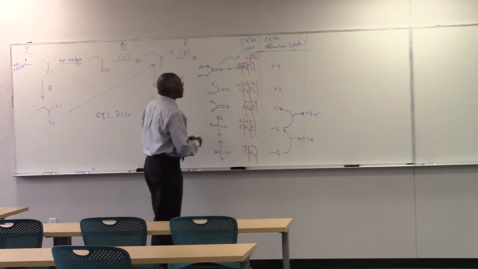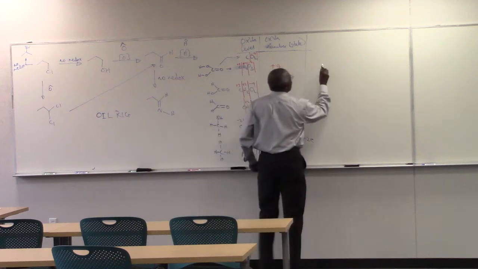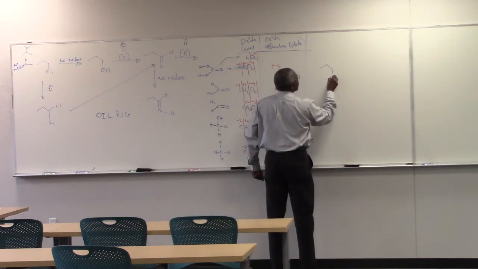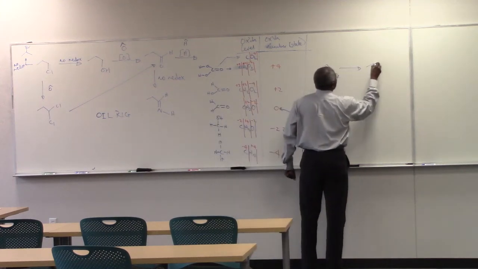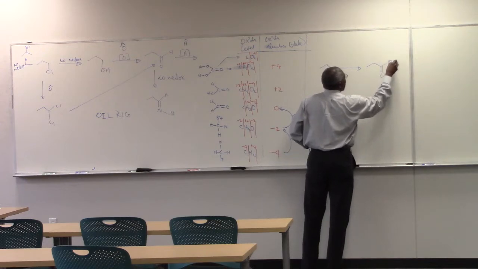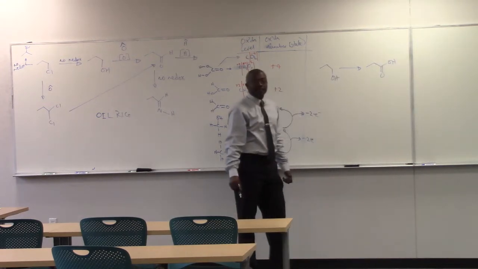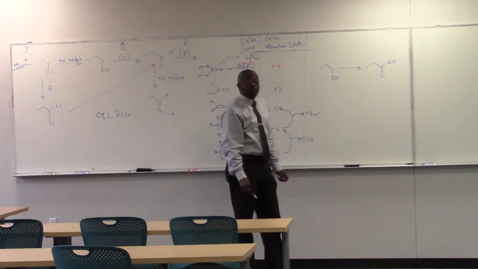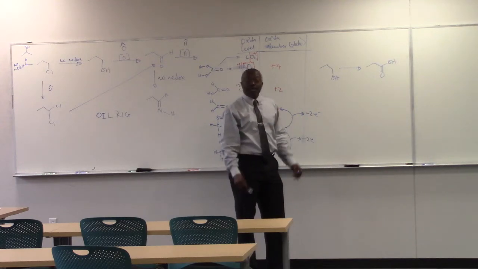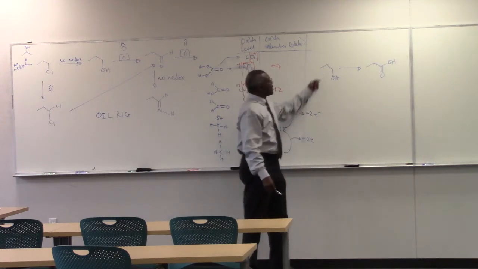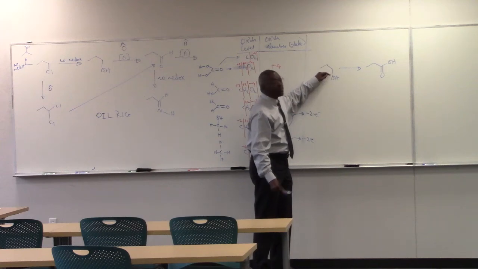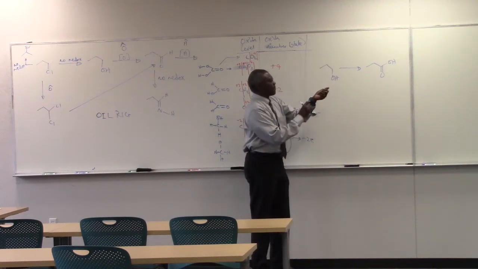If I take a compound and I go from this compound to this compound, and I ask you to tell me what has happened, you can tell me it's undergone oxidation. And how do I know that? Because at this point, this carbon has 1 bond to a heteroatom.